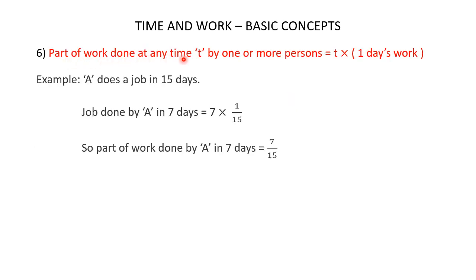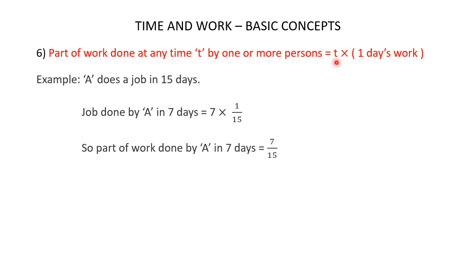Part of work done at any time t by one or more persons is equal to t multiplied by one day's work. For example, if A does a job in 15 days and you have to find out the job done by A in 7 days, then you use this formula.